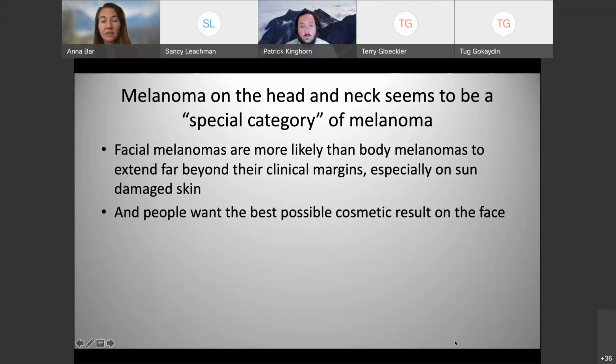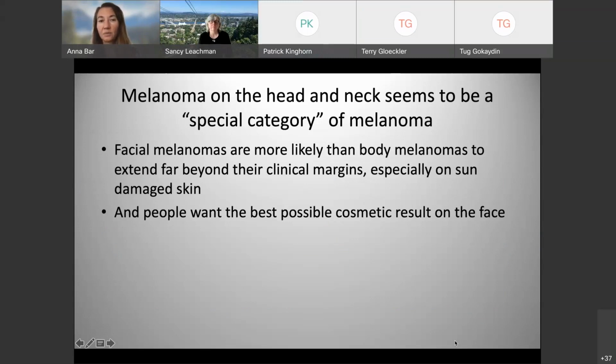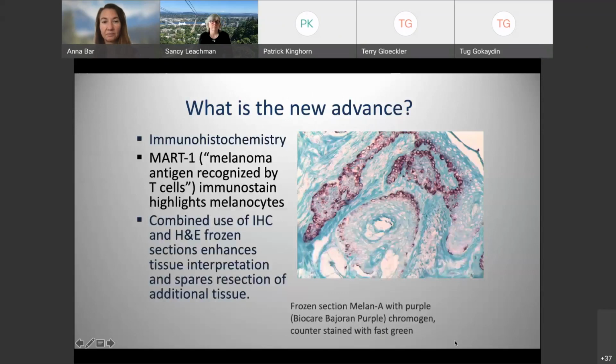And the melanomas that we treat on the head and neck seem to be a special category of melanomas that on sun-damaged skin can extend beyond where the brown pigmentation is. And we find that that is the case very frequently on the face. The other consideration is that people want the best cosmetic results. So coupling that with wanting to take the smallest margins possible, but these melanomas seem to go on farther than the others, it really leaves us in a conundrum.